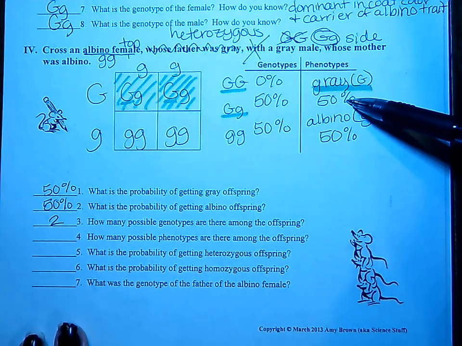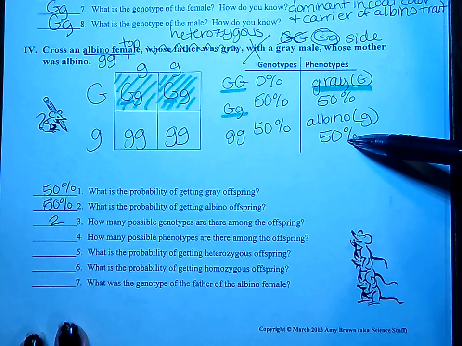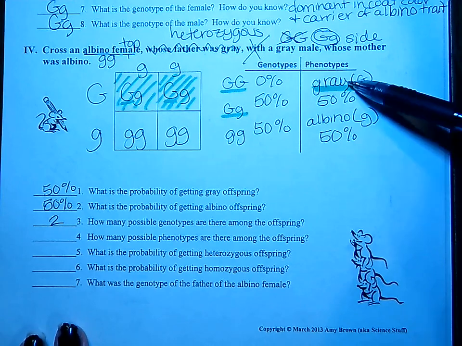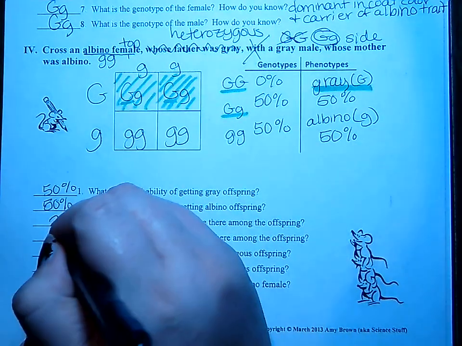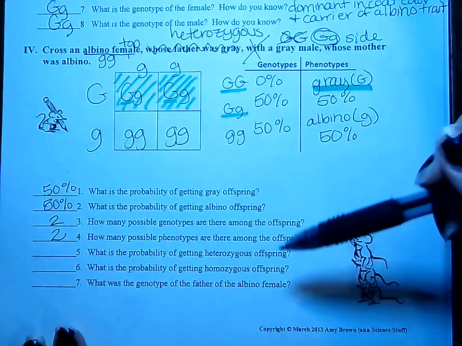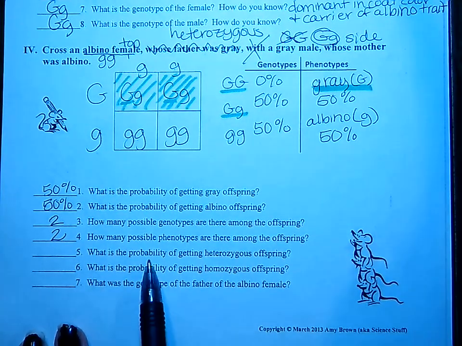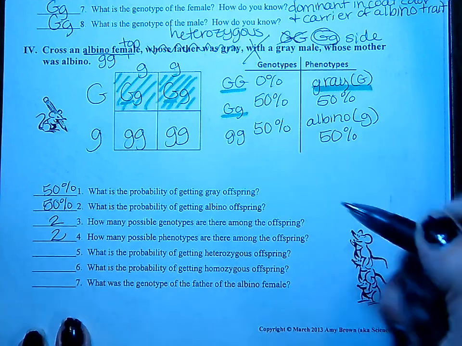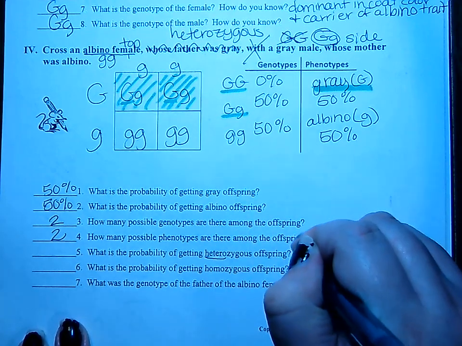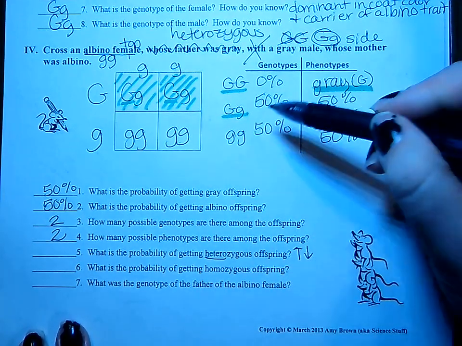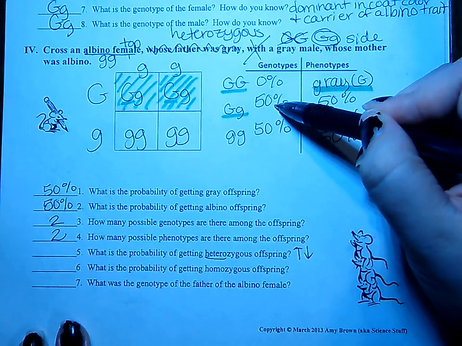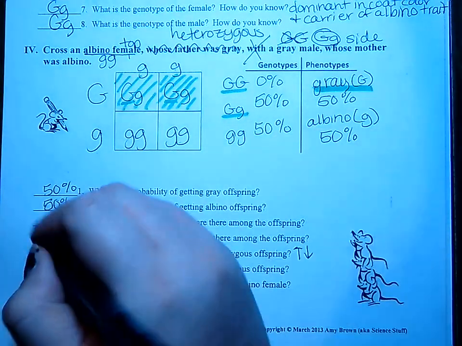We have probabilities for both gray and albino, so we have 2 possibilities. And number 5, what is the probability of getting heterozygous? Remember, hetero is big, little for different, and that was 50%.